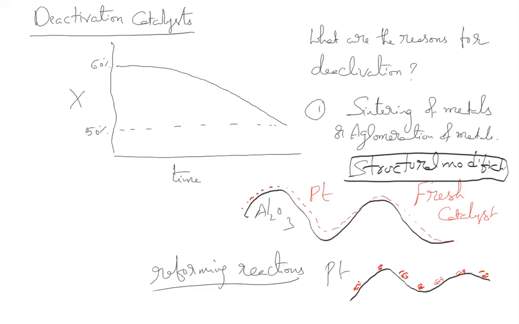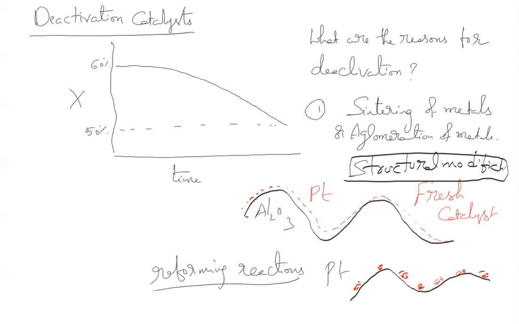Today I am starting my plant and I am getting, let's say, 60% conversion. Slowly, after 1 year or 2 years, the performance of the catalyst is decreasing. There are multiple reasons for this.